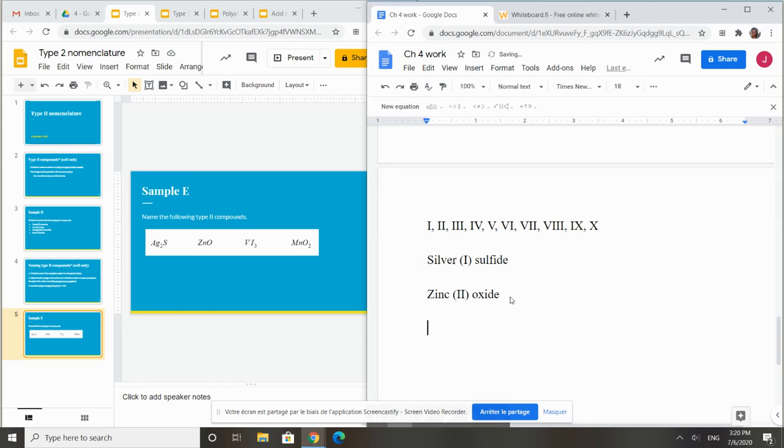For the next one, I find V on the periodic table. It's vanadium. I'm just leaving myself room, and then iodide. And then I solve again.